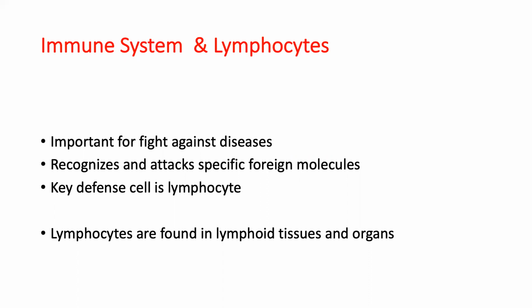Lymphoid organs are the thymus and bone marrow. Lymphoid tissue includes the spleen, lymph nodes, and other lymphoid tissue present just underneath the mucosa. So let's try to understand the immune system first.